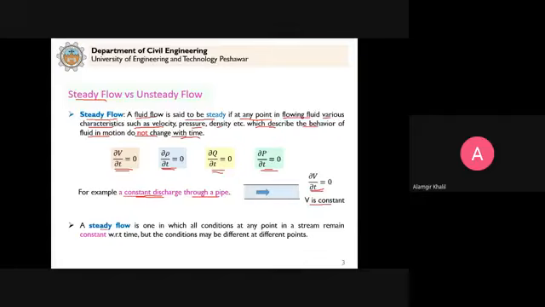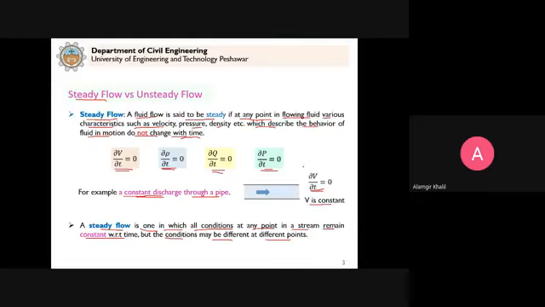A steady flow is one in which all conditions at any point in a stream remain constant with respect to time. But the conditions may be different at different points. What does this mean?